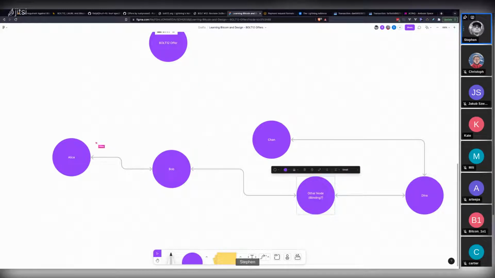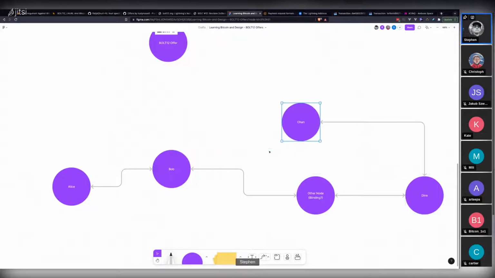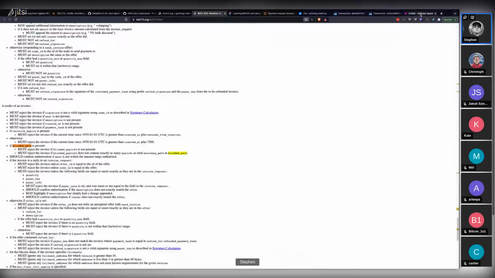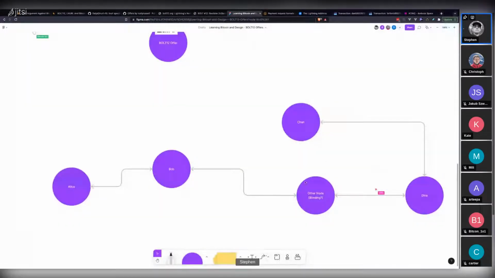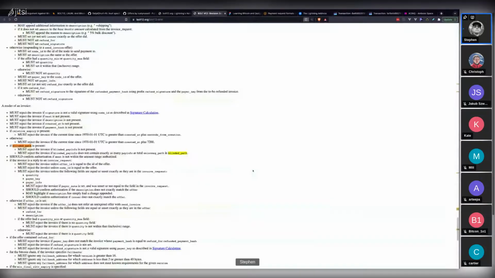And I think the incentive structure would be the same through all of these. It's just that Alice doesn't really know. She might know that she's paying Dina for a service she's rendered, but she may not necessarily know Dina's pub key. She just knows the pub key of maybe the blinding node. But I need to learn more about that, to be honest.